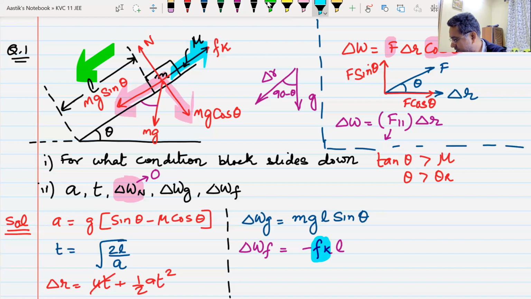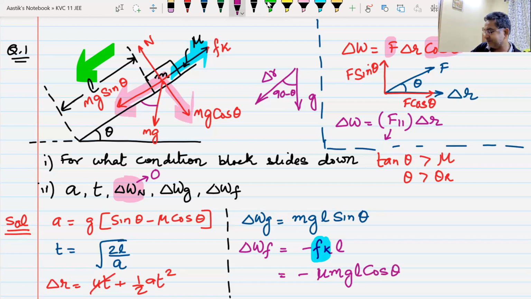Mu mg cos theta. That is correct. So the final answer is minus mu mg L cos theta. That is the work done by friction, and that completes the question and the discussion for this problem.